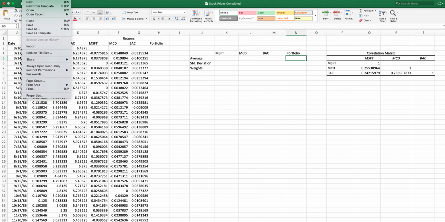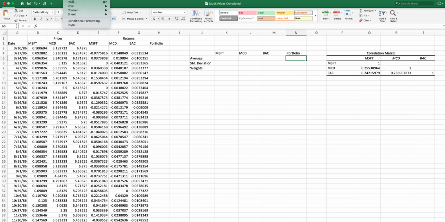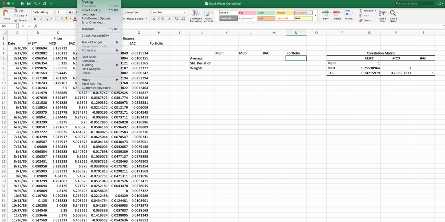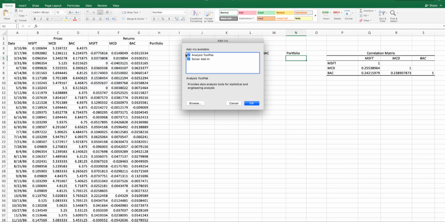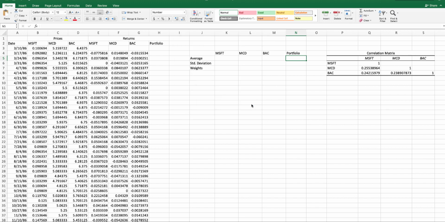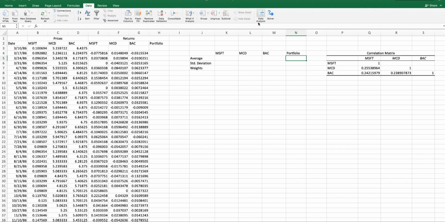It's similar to the example that you have on Easy Excel, but for Mac I found it was under Tools, Excel Add-ins, and then these were unchecked, so go ahead and check Analysis ToolPak and Solver Add-in. Okay, and that gives you both Data Analysis and Solver under Data.